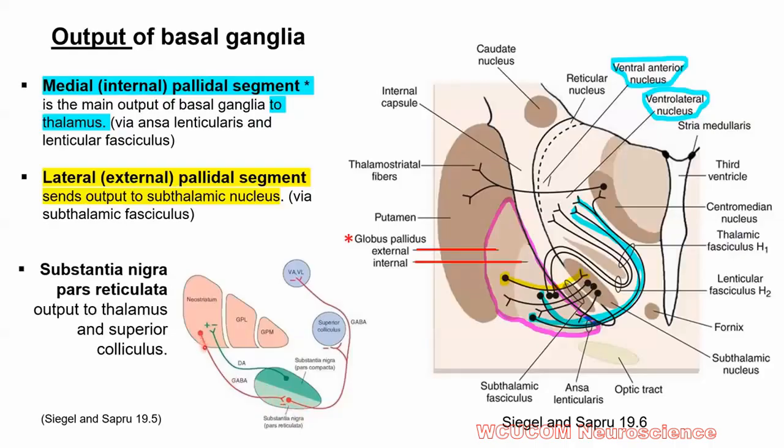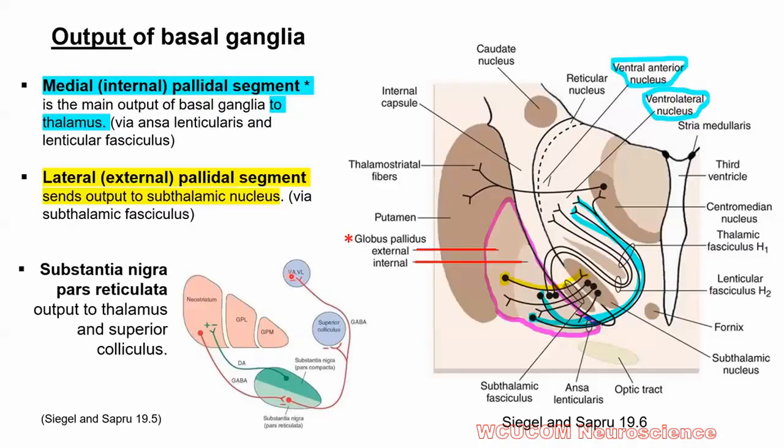It receives output from striatum, and its own output will go to superior colliculus and VL and VA nuclei of thalamus.